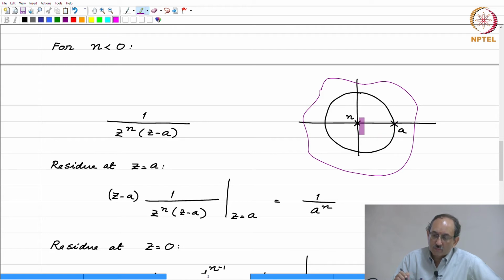So, it is a very simple exercise. In fact, for 1 over 1 minus a z inverse with mod z less than mod a, you need to work it out using exactly this same method, contour integral, and then you need to show it is minus a to the n u of minus n minus 1. There you will see the difference contributed by the contour C lying inside the circle mod z equal to mod a, all right. Does that answer that question? Okay.